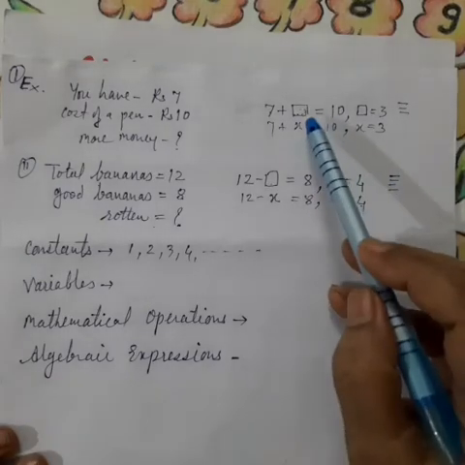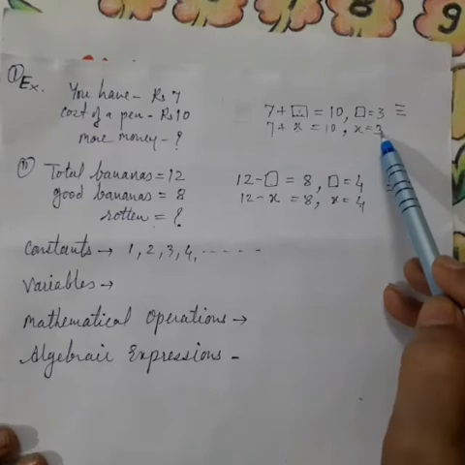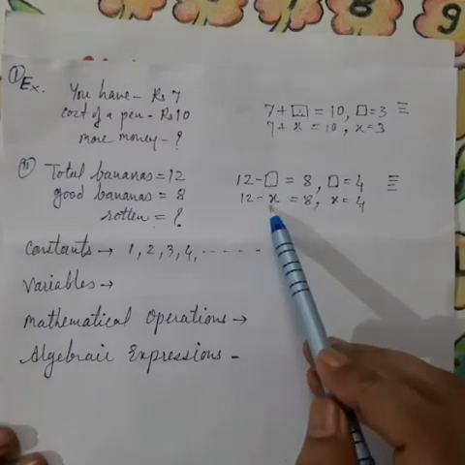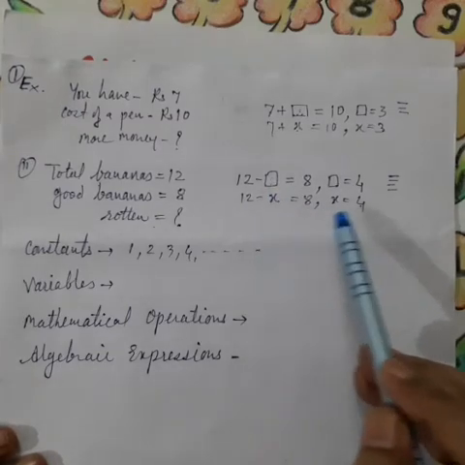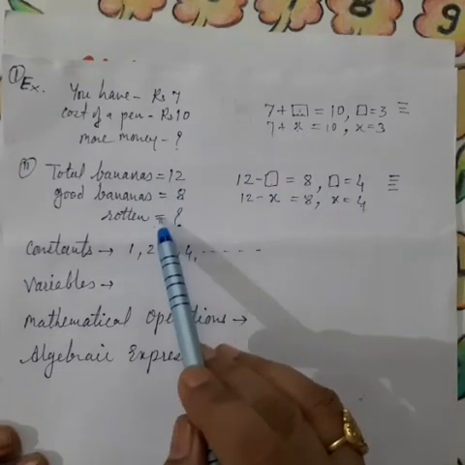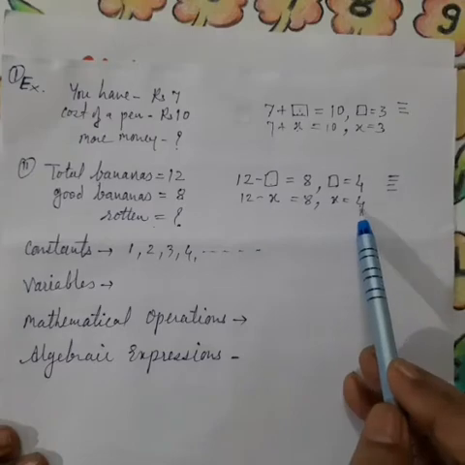But see, for this unknown value we have taken x. Here the value of x we got is 3. And here for this unknown number we have taken x, and the value of x we got is 4. As the condition changes, the value of this alphabet also changes.